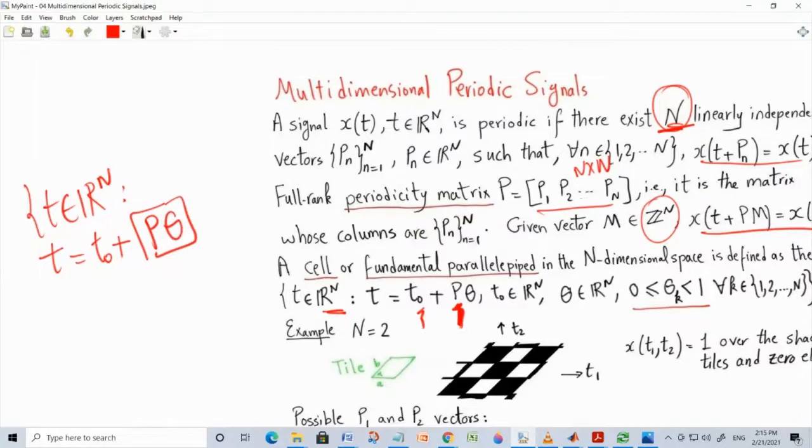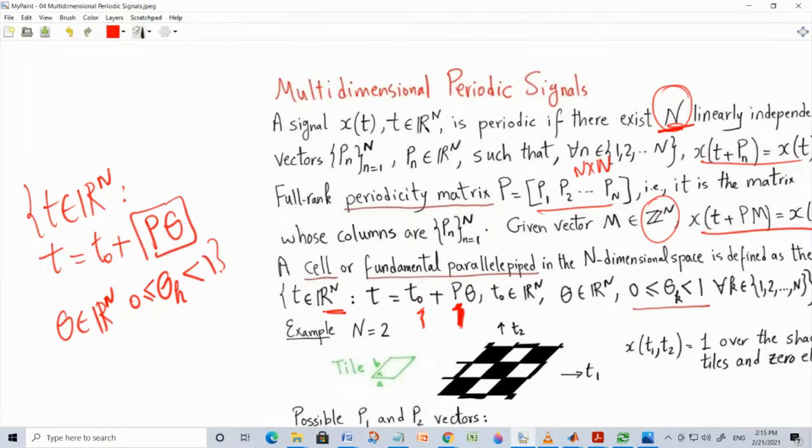What is P? It's the periodicity matrix containing those vectors that define periodicity, multiplied by theta. And what is theta? Theta is a vector living in Rn also. Each component in theta is from 0 up to 1, with 0 included and 1 not included.